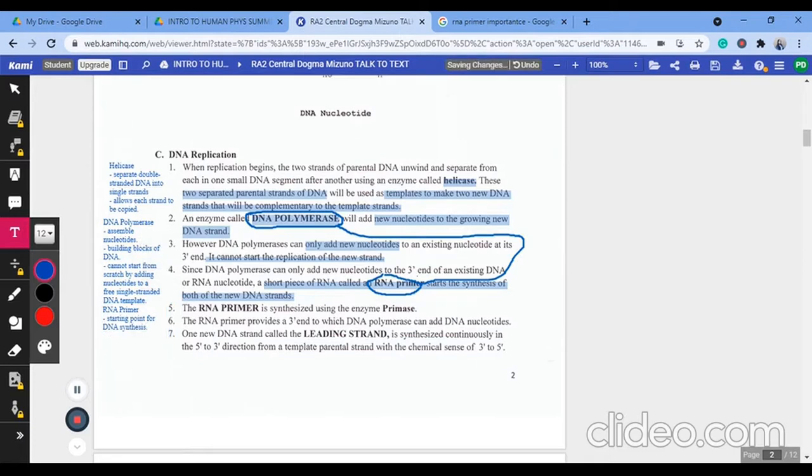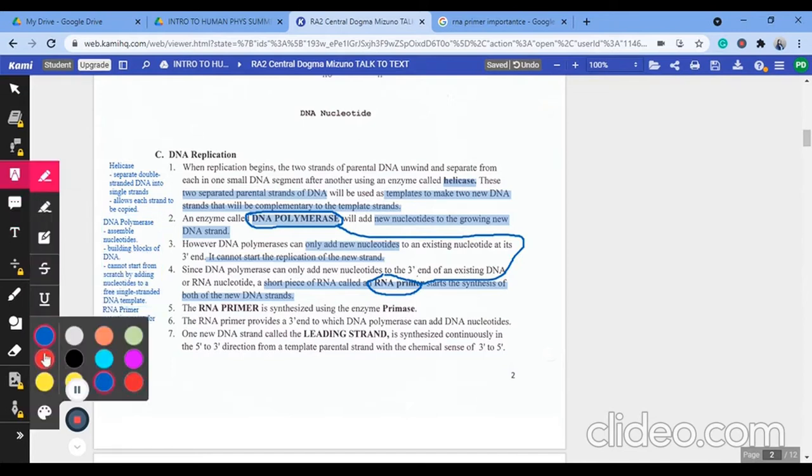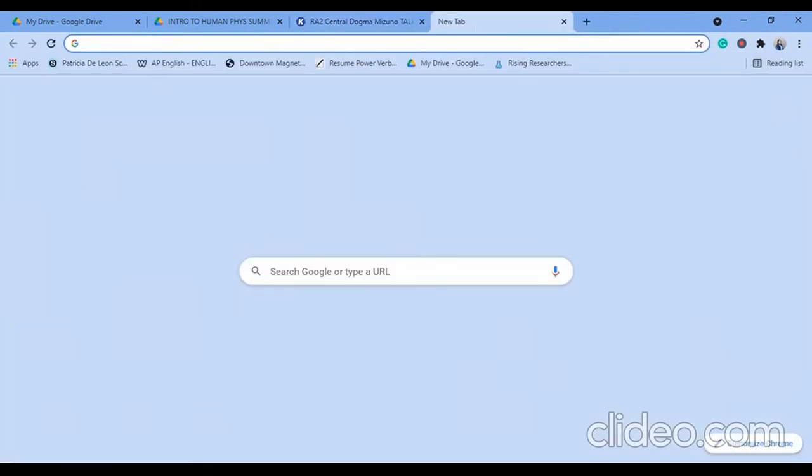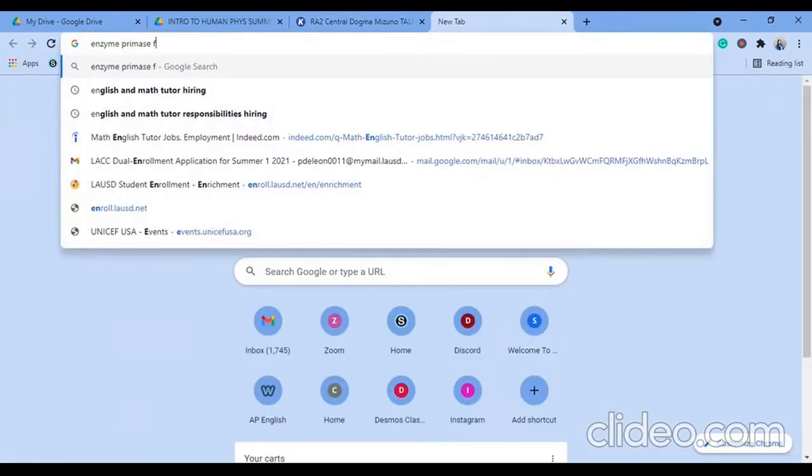So the RNA primer is synthesized using the enzyme primase. It doesn't actually give the meaning of primase, so I might have to look up the function of the enzyme primase.